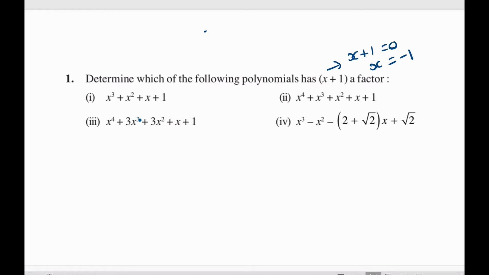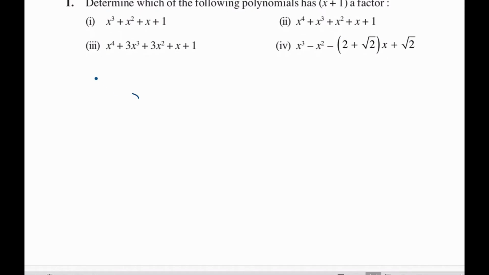Let's try the first part. So in this I will write p of x, which will now be p of minus 1 is equal to minus 1 raised to power 3 plus minus 1 raised to power 2 plus minus 1 plus 1, which was already in the question.